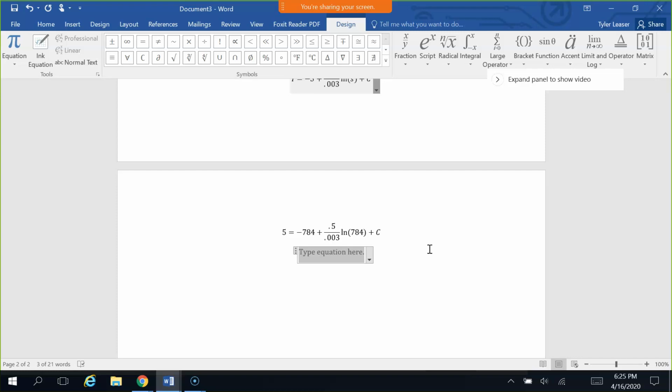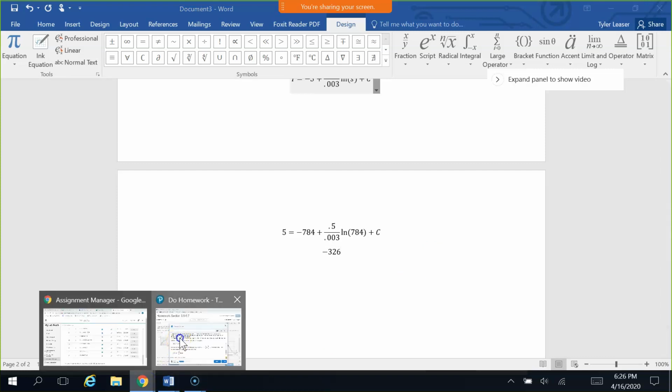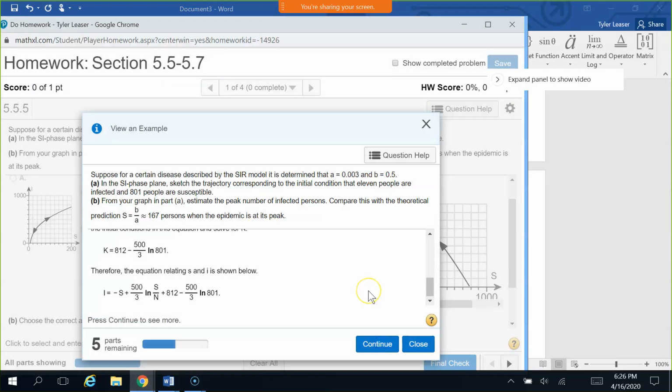I'm typing it into a calculator here. I'm getting a big negative number. Yeah, I did too. Negative 326. They just left it as whatever it is, the natural log thing, which is fine.